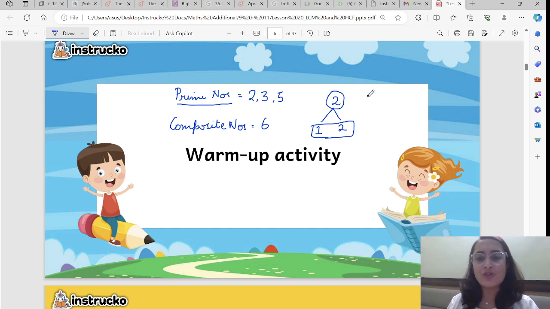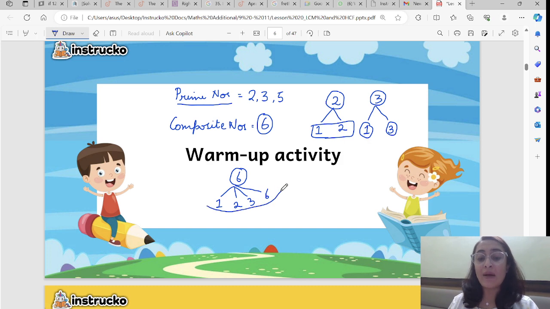Let's do the same with 3. As you can see, 3 is also a prime number. So 3 is also divisible by only 1 and itself. So prime numbers are always only divisible by 1 and itself. Whereas if you check 6, and 6 we know is a composite number, 6 is divisible by 1, 2, 3, and also 6.